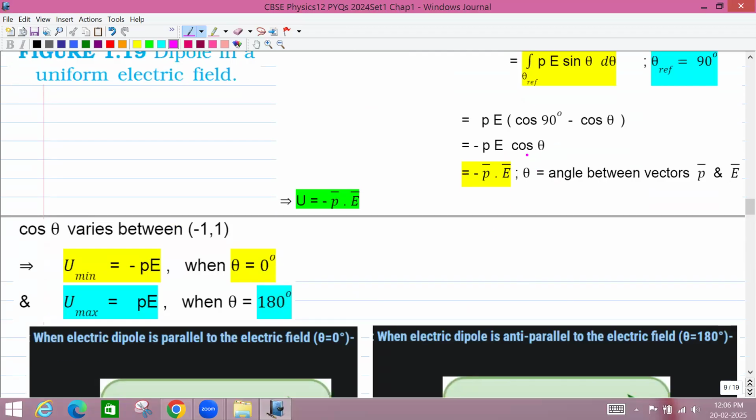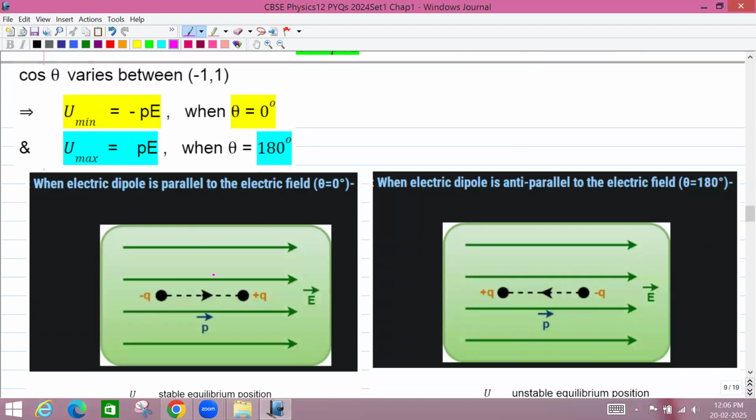So when cos theta is -1, because of minus sign here, this will become maximum. And when cos theta is +1, this will be the maximum negative value, so it will become minimum value of the potential energy. So when theta is 0, potential is minimum and its value is minus P E. And when theta is 180 degrees, cos theta is -1, so potential energy will be maximum.